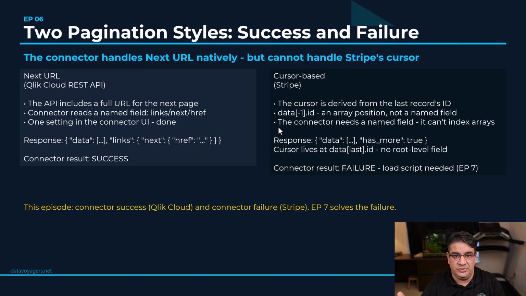And from the documentation, you're going to learn the authentication, so how you do the authentication, right? And the pagination style and the endpoints available. Then from the pagination style, you have to detect if you can implement that in Qlik, in the data connection, or you have to handle that in the load script. And then at the end of this class, you're going to see a decision tree that you can use in order to evaluate if it's possible or not.